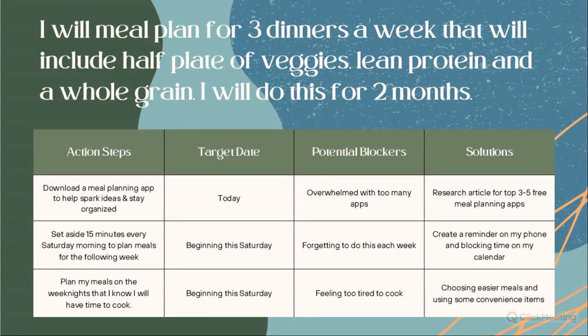Maybe it's buying a rotisserie chicken and adding things like that. So maybe it's doing a pot pie, and then adding a fresh salad or something on the side. So, thinking through what's going to make this goal attainable would be the solution for that blocker.